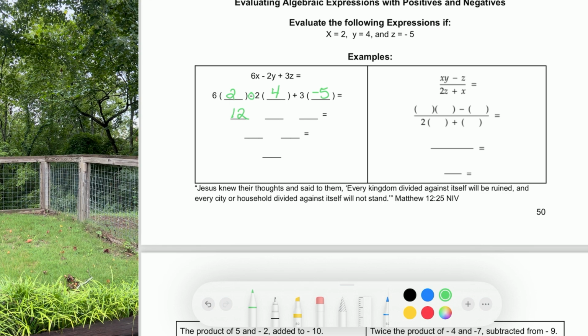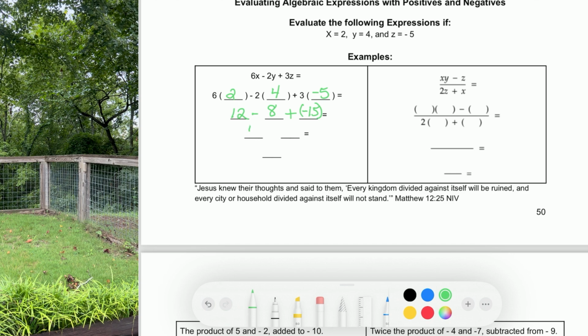A negative 2, which is what this is, or we could just say 2 times 4 and keep our minus sign. How about we do that? Let's be consistent. I'm going to keep my minus sign. 2 times 4 is 8. Then I have 3 times negative 5, which is going to give us a negative 15.